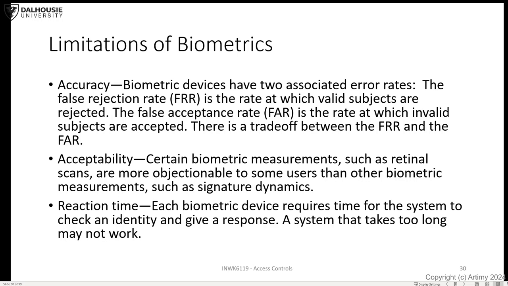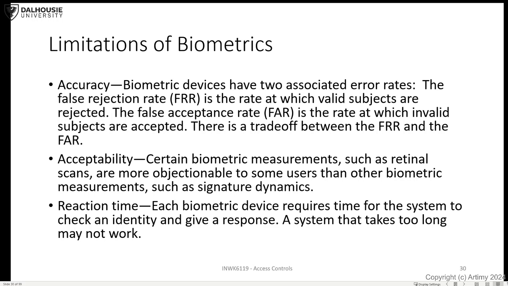And also, these systems take time. With passwords, we can compare a password to thousands of other passwords in a fraction of time, milliseconds. But comparing your voice to a database of other voices takes a long time.